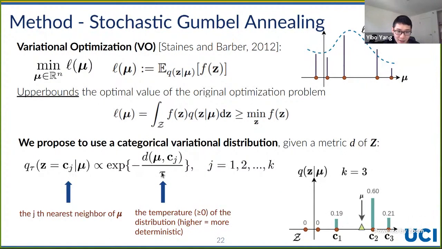And we weigh this by a temperature tau, such that the closer the temperature is to 0, the more uniform this distribution is. And if you increase this temperature towards infinity, then you'll eventually end up with a distribution that only places mass on the nearest neighbor of mu.